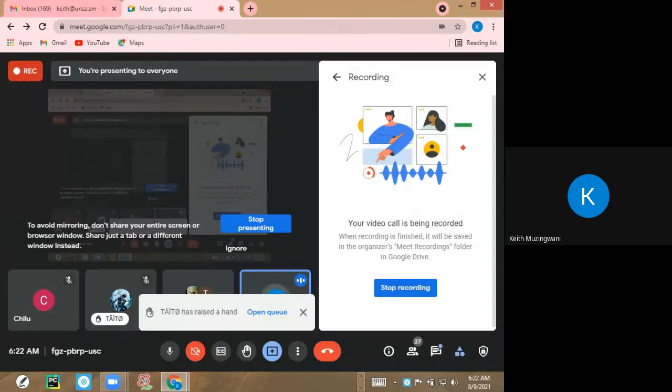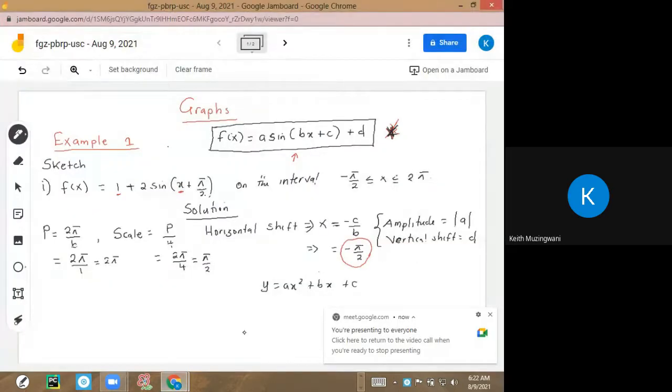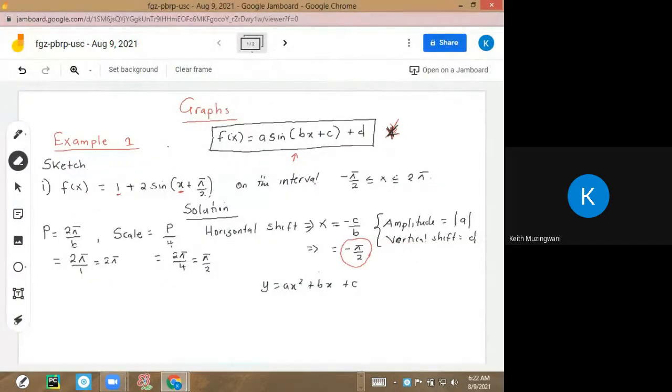So what does that mean? This means that even what we have now in our question, for it to be called the general one, it must have a meaning so that we are able to apply it on any other function of the sine trig ratio.